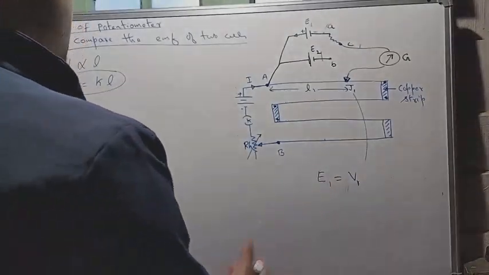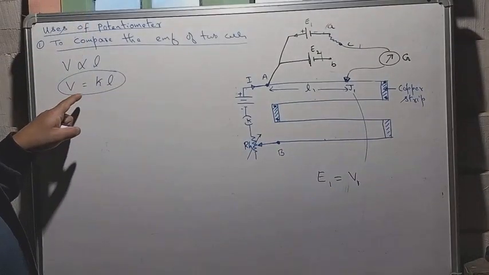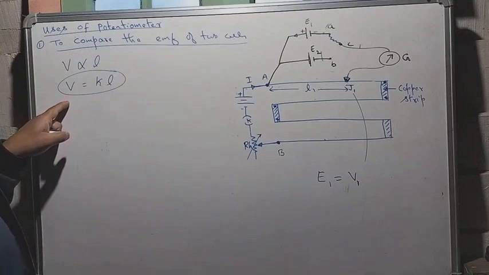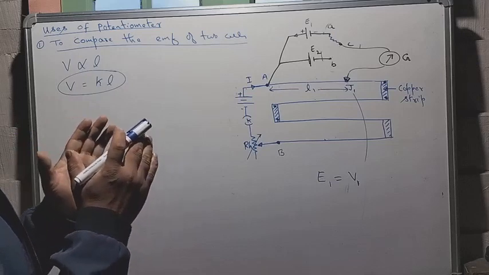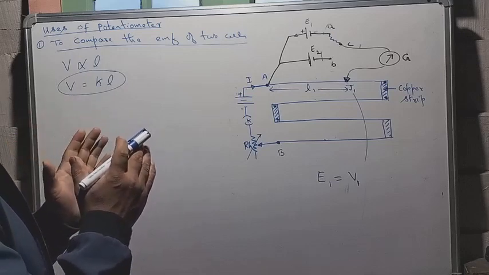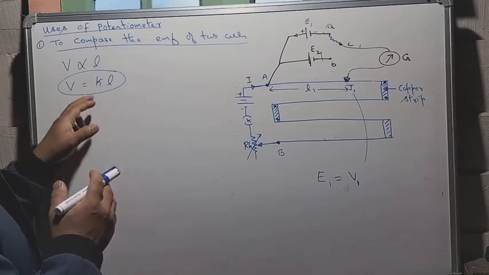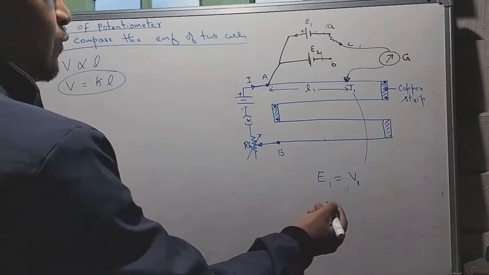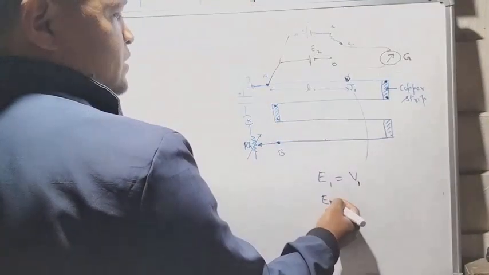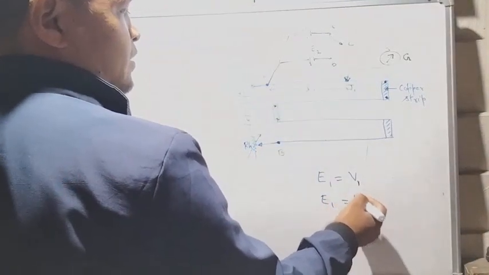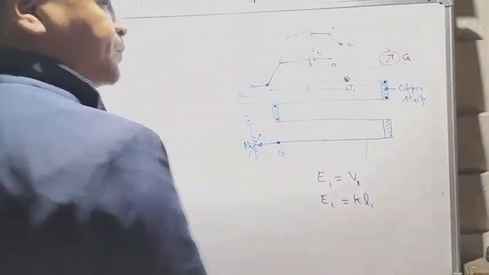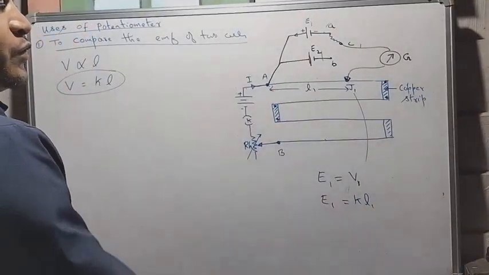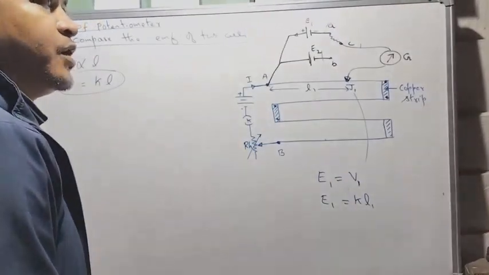Now, for potential difference, V is equal to KL. So for this V1, I will write K times L1, because the length I'm considering here is L1. So we have E1 equals KL1.